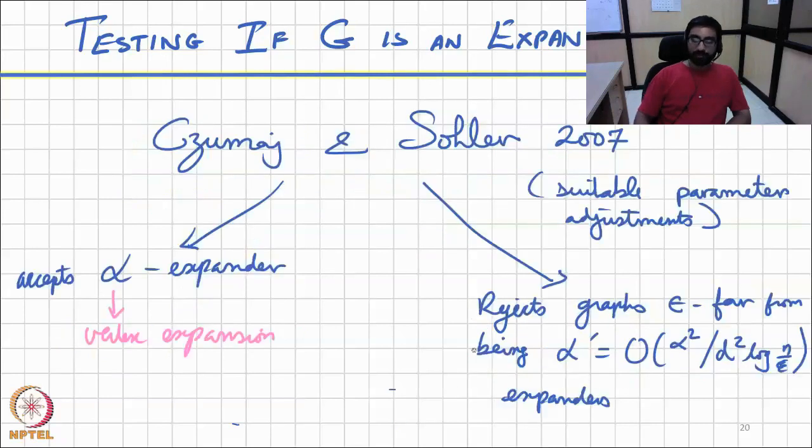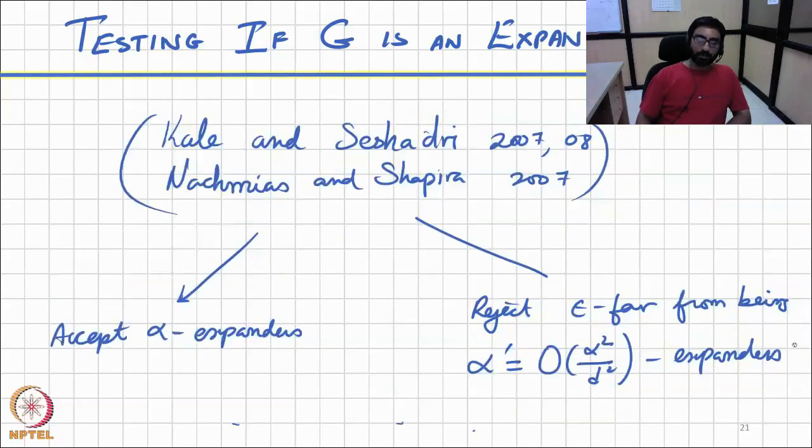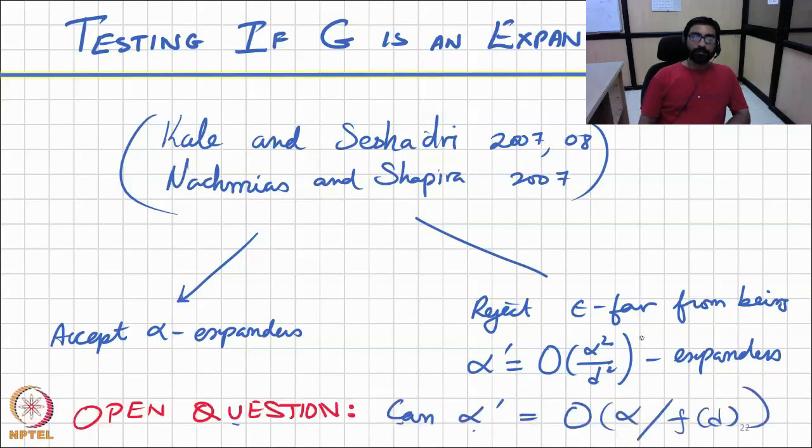So they've gotten rid of this log n over epsilon in the denominator over here. But still, this alpha prime remains a function of alpha squared.